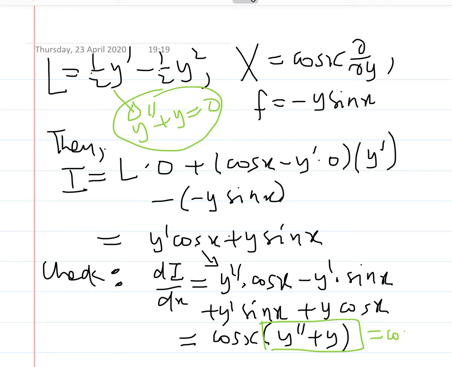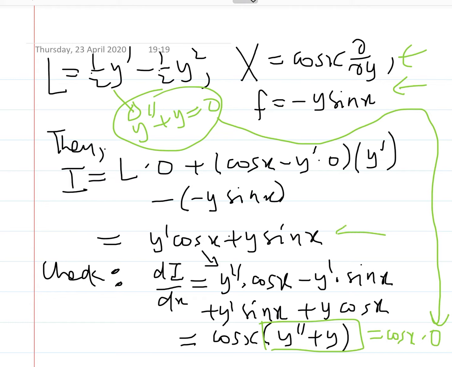So this is cosine x times 0, which is equal to 0. So indeed, this function I, constructed via Noether's theorem using the Noether symmetry and the gauge term, gives us a first integral, and you would get 5 different independent first integrals if you were to use the 5 different Noether symmetries.